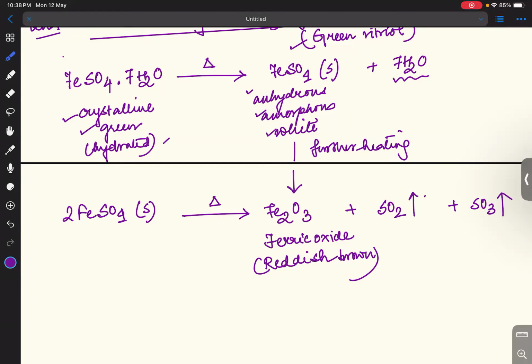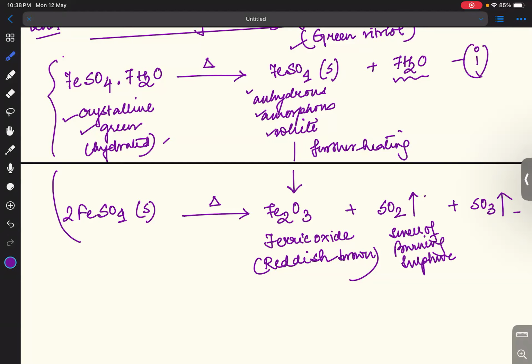Now students, sulfur dioxide, this gas has a smell of burning sulfur. So remember, ultimately, when you write what happens when ferrous sulfate is heated, you have to write this reaction and further this reaction. Only then your answer shall be completed.